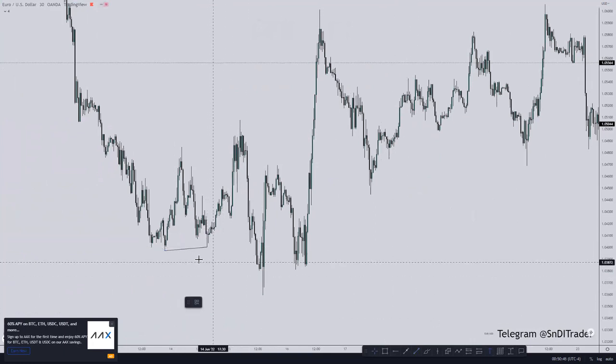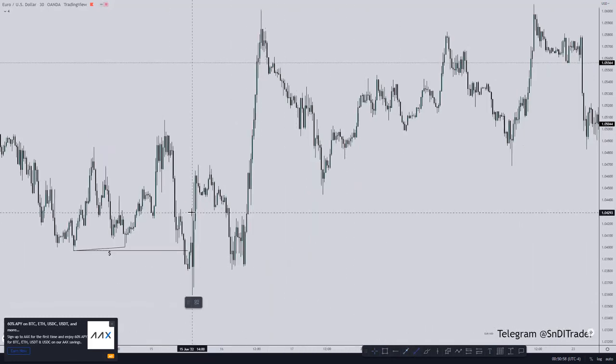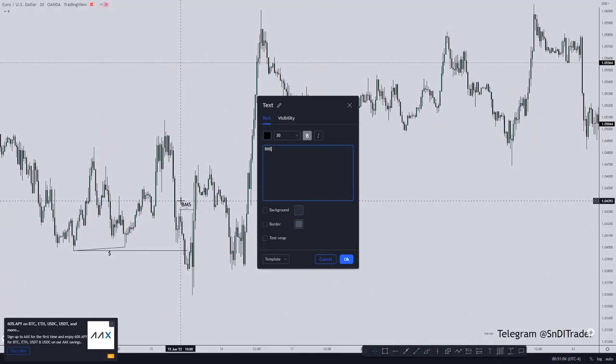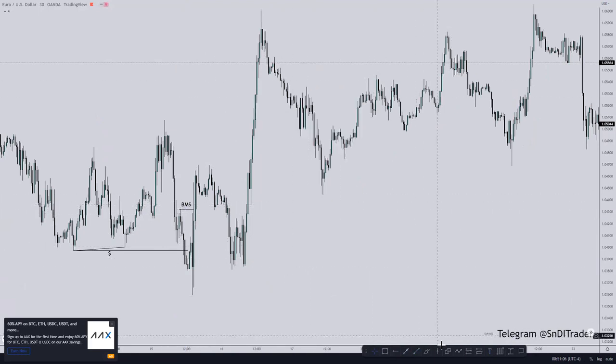So this was a liquidity, and what happened again? Price has taken out this liquidity and given us a nice break in market structure towards the upside. So this will be a nice BMS for you, and this was the last candle.